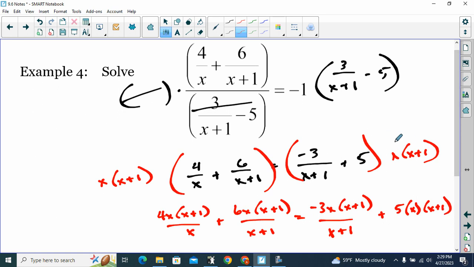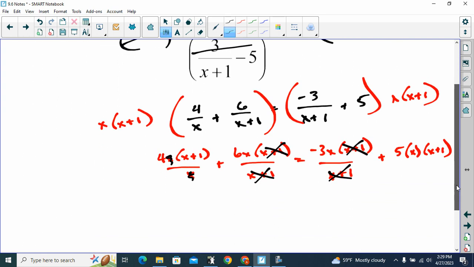So I distribute the x and x plus 1 to each of the terms. All of our denominators should cancel. So my x's cancel here, my x plus 1's cancel, my x plus 1's cancel.